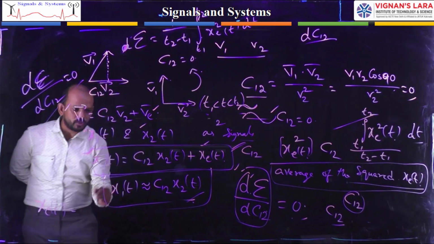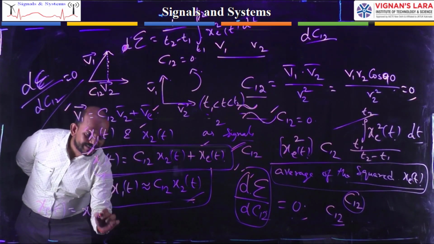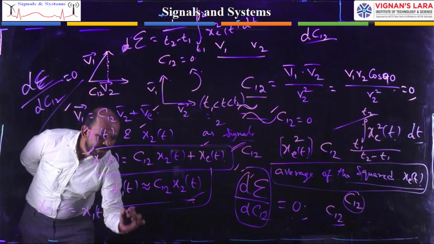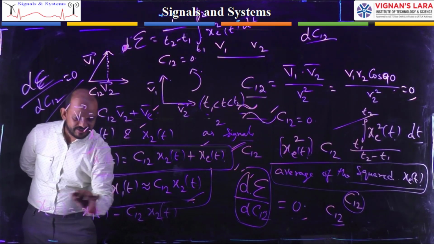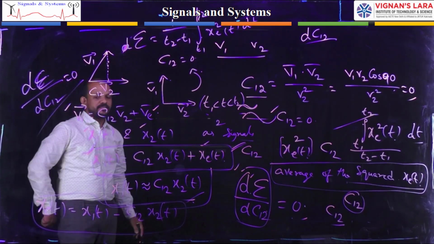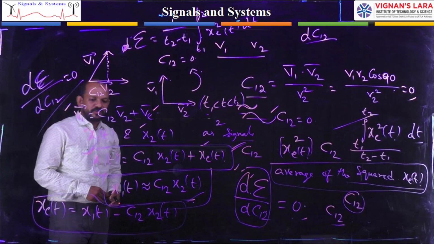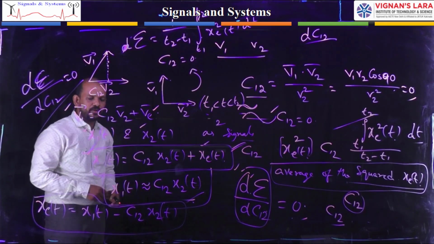Xe of t equal to, this comes to this side, so x1 of t minus c12 x2 of t. So this is the value of the error signal: xe of t equal to x1 of t minus c12 x2 of t.